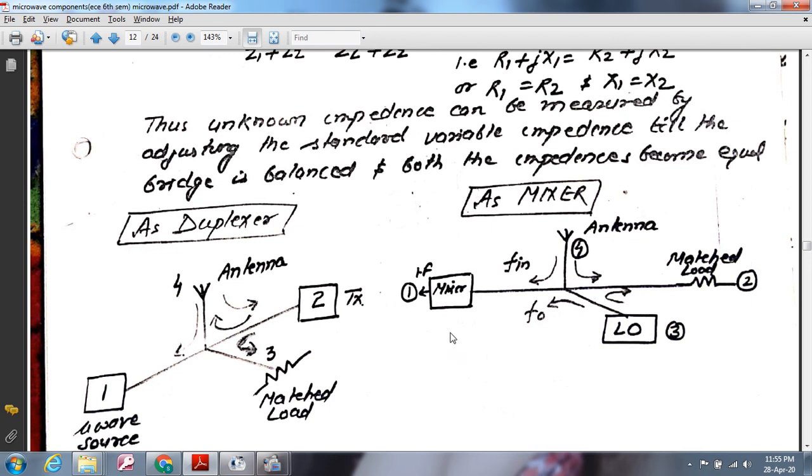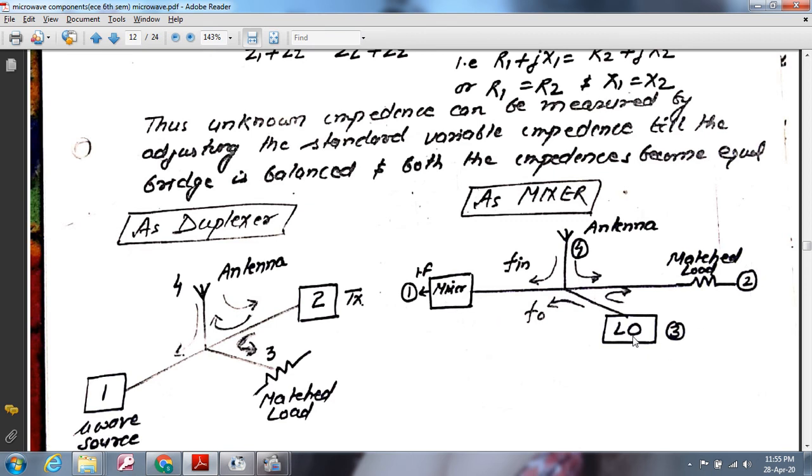In this case, port number 1 is connected with the mixer, port number 2 is connected with the match load, port number 3 is connected with some local oscillator, and port number 4 is connected to the antenna. Now we know port number 3 and port number 4 in Magic T are isolated ports, and also one is isolated with port number 2.